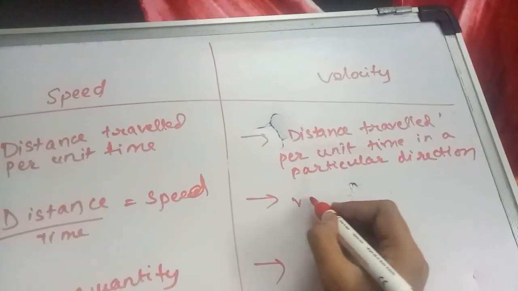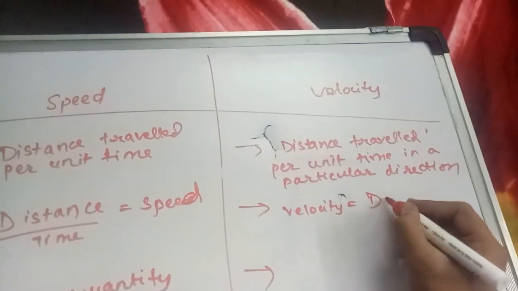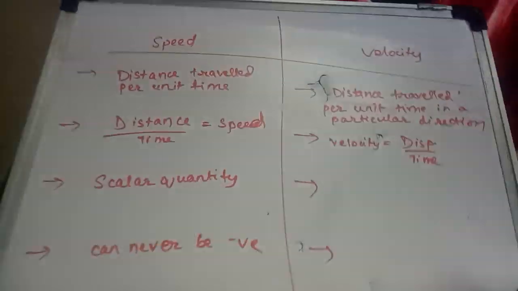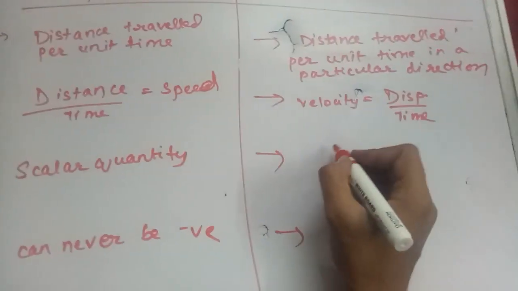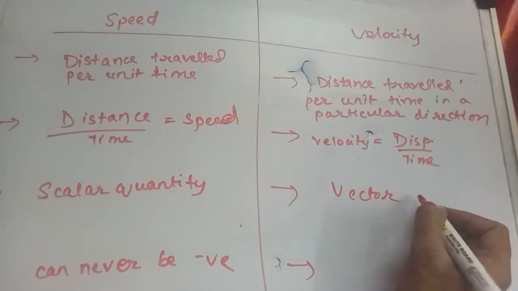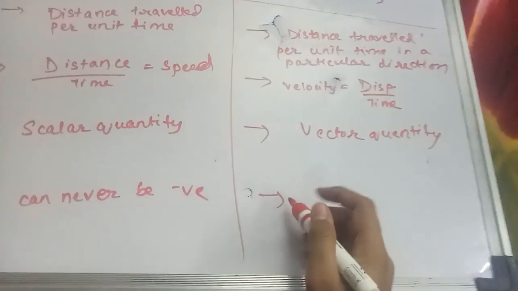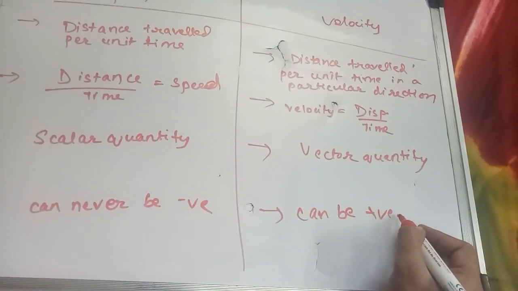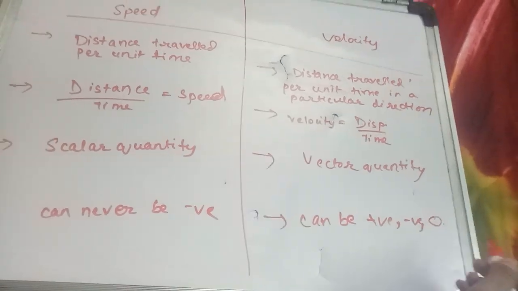It is represented as velocity equals displacement upon time. It is a vector quantity. It can be positive, negative, and zero.